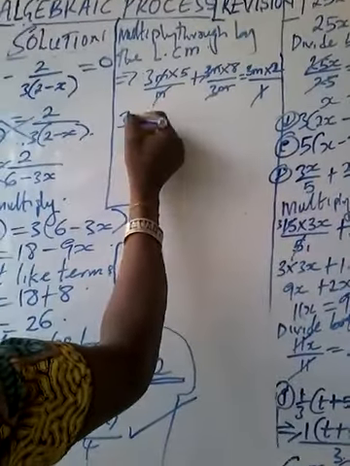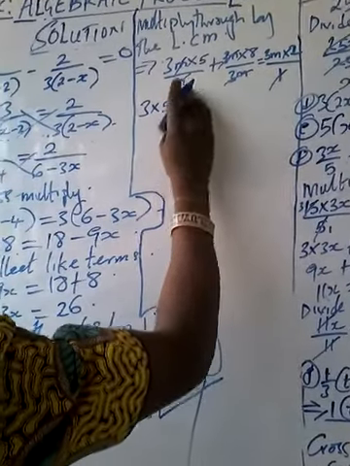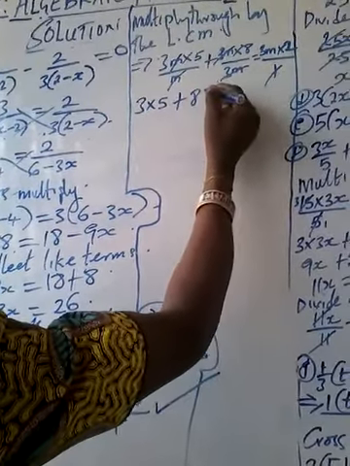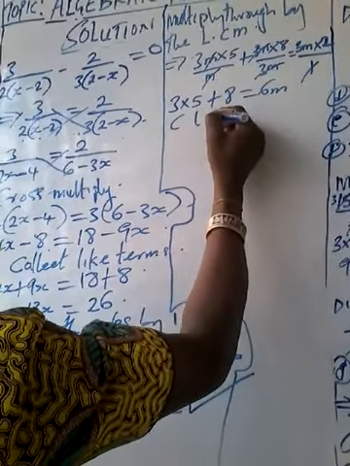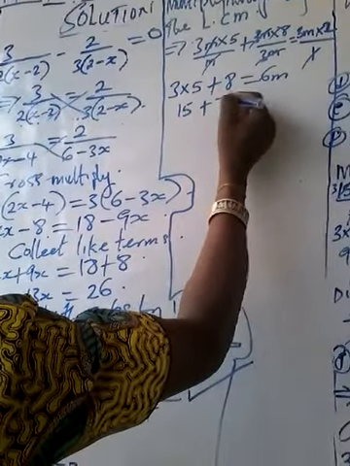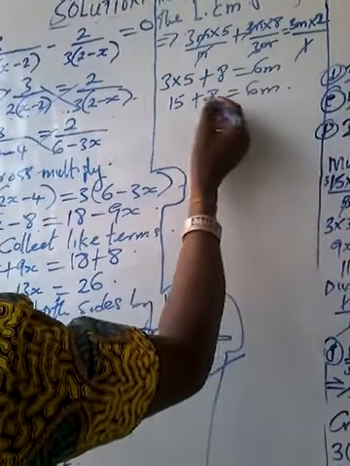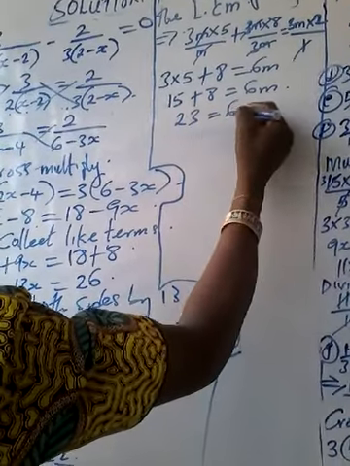So you have 3 times 5 plus 8 is equal to 6m. Collect like terms here. Or 15 plus 8 is equal to 6m. And then what do you have? You have 23 is equal to 6m.